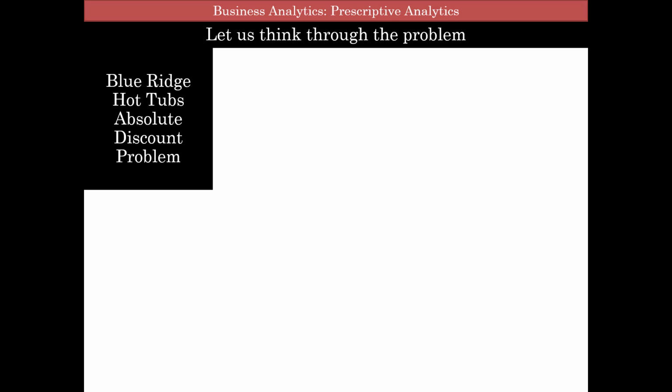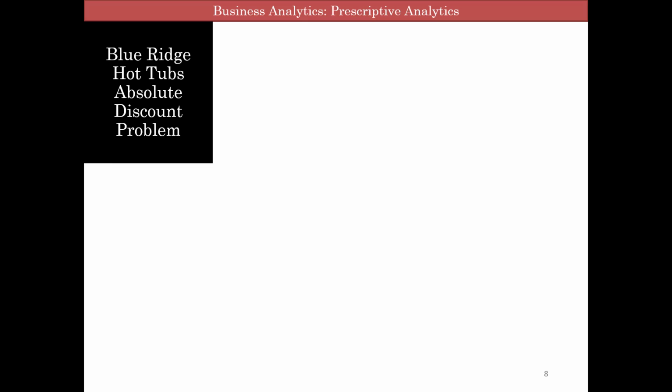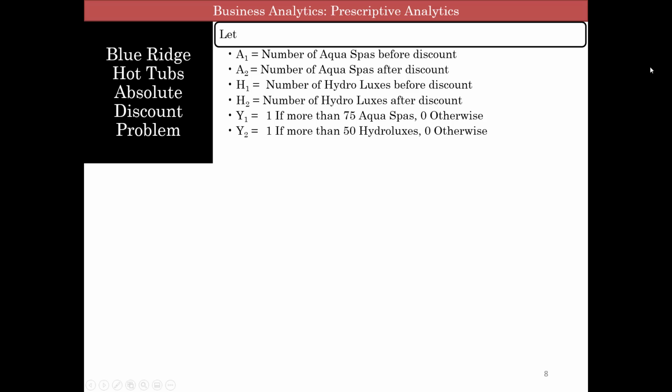So let's take a look at that model. So again, let's look at A1, A2, H1, and H2. Except remember now in this model, if A2 has numbers 75 and above, A1 will be 0, right? So Y1 is 1.